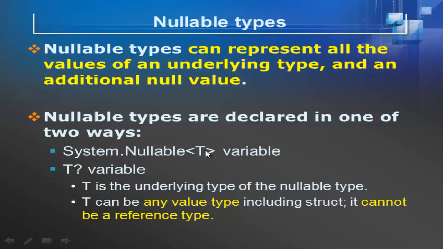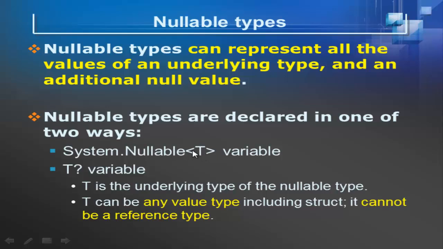It is not allowed because nullable works only with the value type, not the reference type. So it can be anything. Nullable of int, float, double, any value type is valid here. But if you give a reference type variable like Student or any other employee or any other object, that class that you can think of, that is a reference type, this will raise an exception.